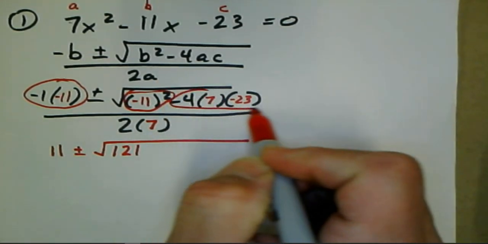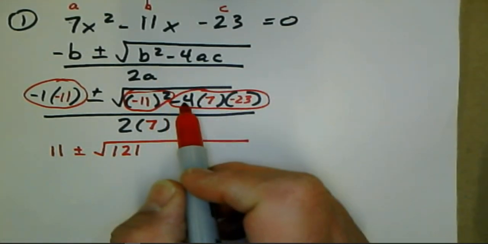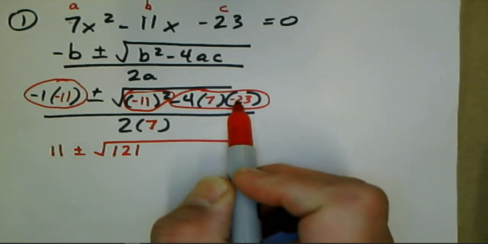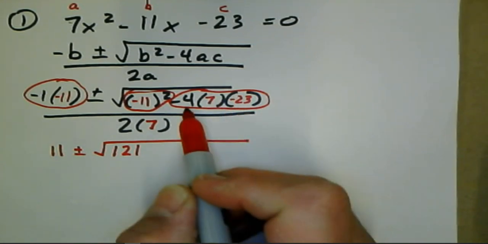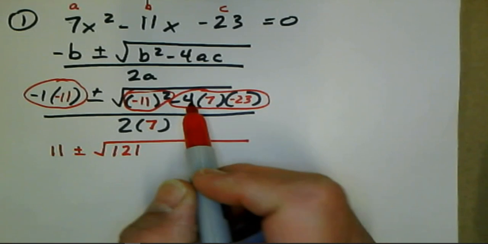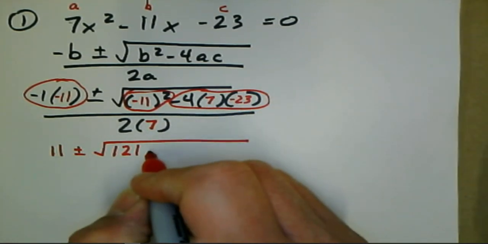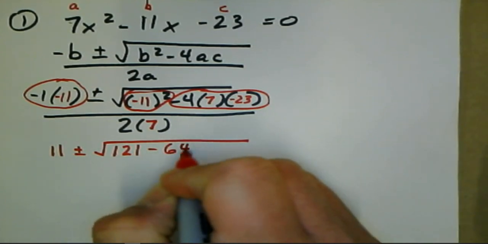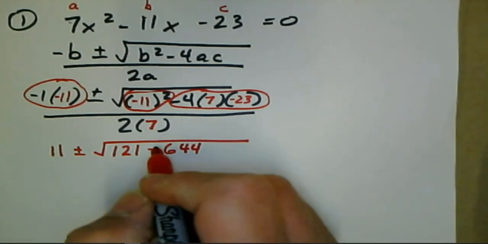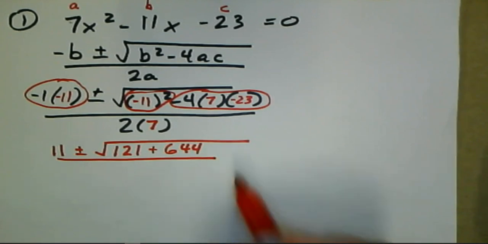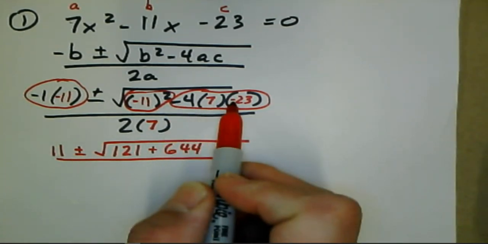Now we're going to do all this. So in your calculator, you're going to punch -4 times 7 times -23. If you're really good, all you got to do is 4 times 7 times 23 because 2 negatives cancel. What'd you say it was, Rome? 644. Positive 644. Should be positive, 2 negatives.